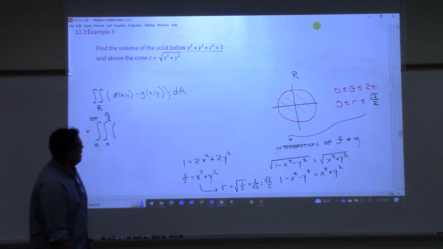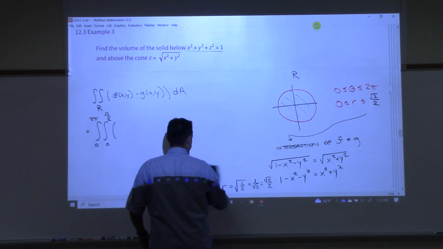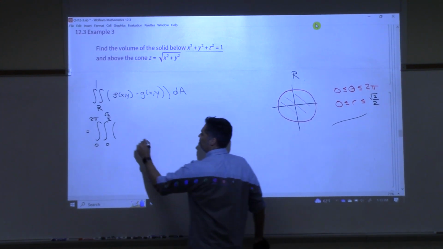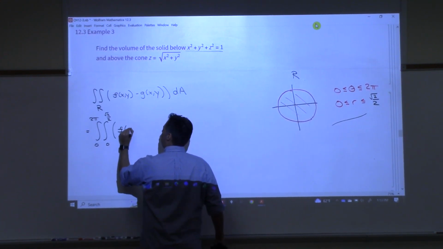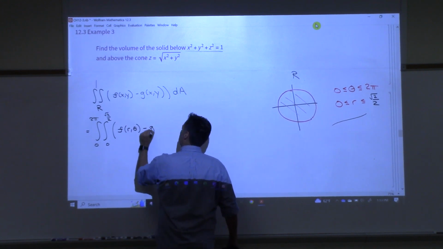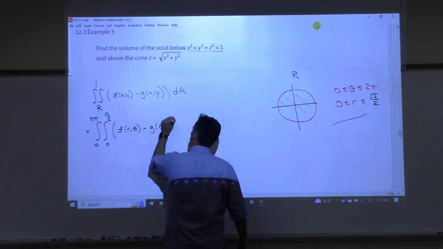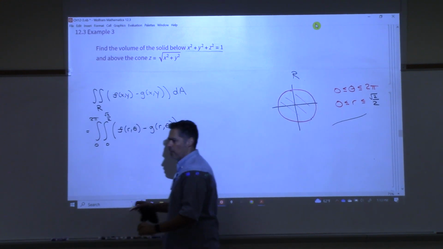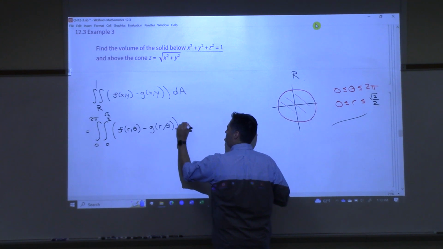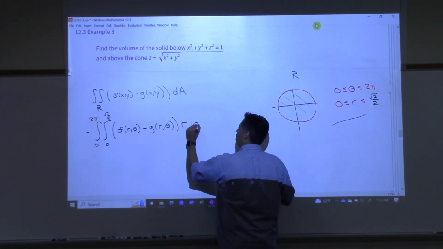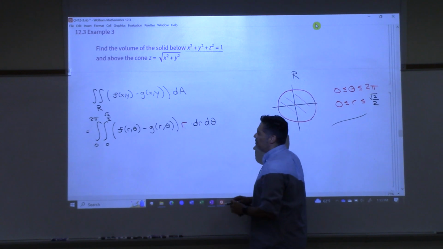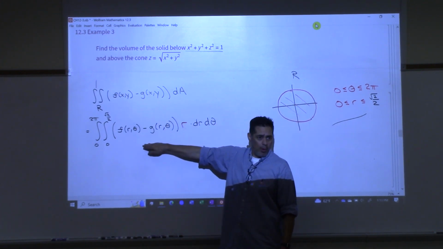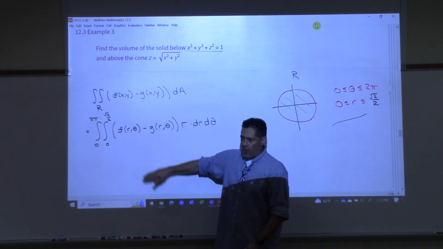So I need this f of r theta minus g of r theta, and then d, sorry, what am I missing there? I'm converting to polar. I'm going to have an r here that shows up, right? And then dr d theta. I'm just giving myself another opportunity to stress that these functions of x and y must be converted to polar. And then on the next line, I'll actually write the conversion.